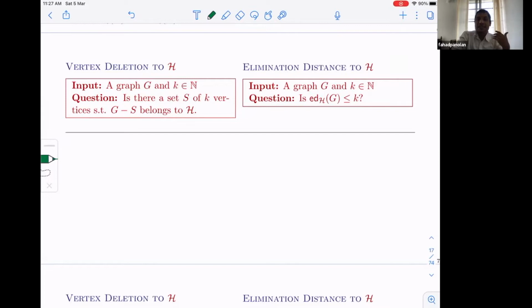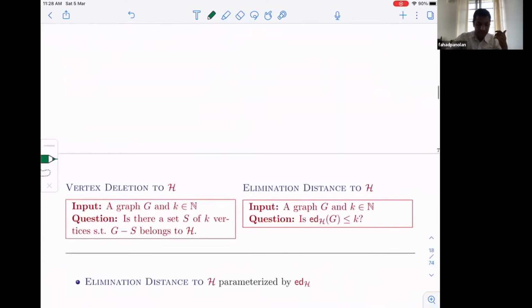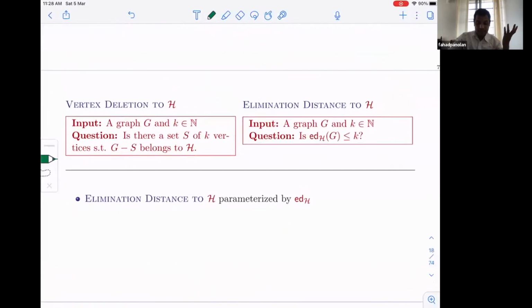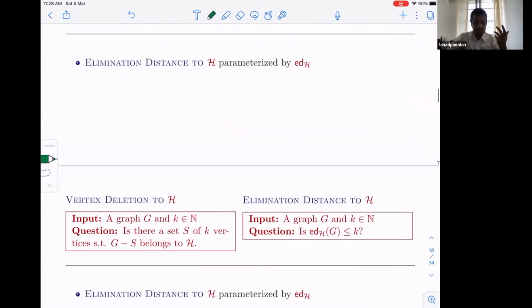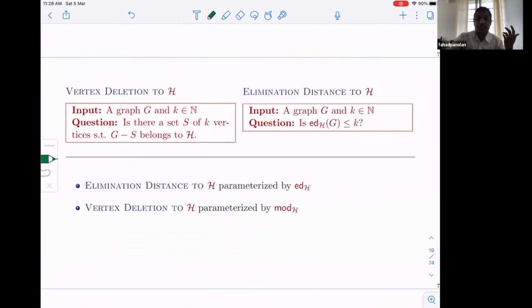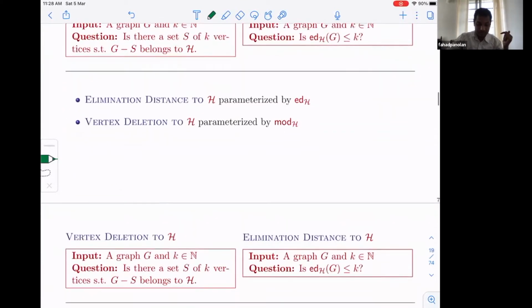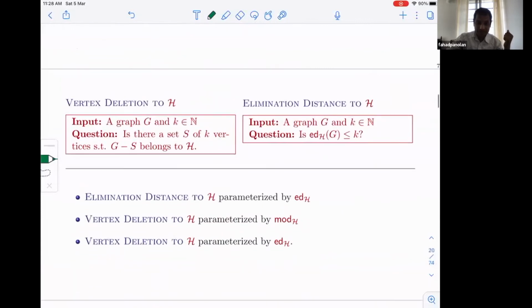So we can ask these questions on various parameters. The first one is elimination distance to H parameterized by the elimination distance, analogous to tree depth parameterized by tree depth. The other is vertex deletion to H parameterized by the modulator size, which is analogous to vertex cover parameterized by the vertex cover number, or the solution size.